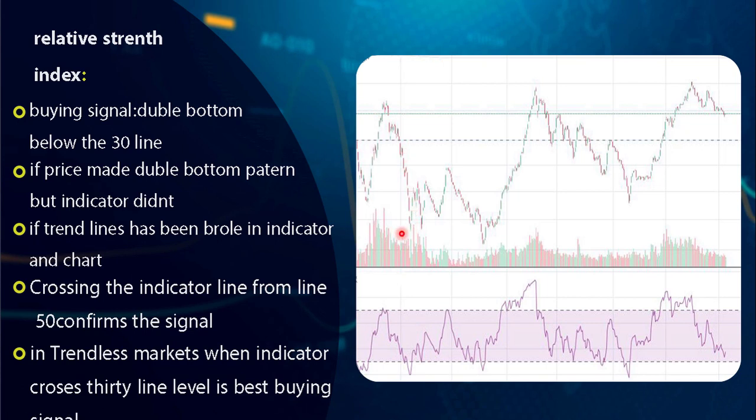After that, at this support line, buyers started to buy that asset, and they increased the price to here. And after that, once more sellers started to sell their asset, but they haven't been able to decrease the price until here.